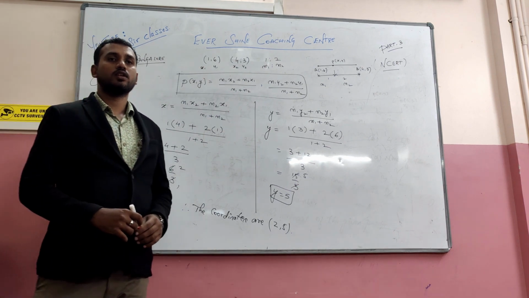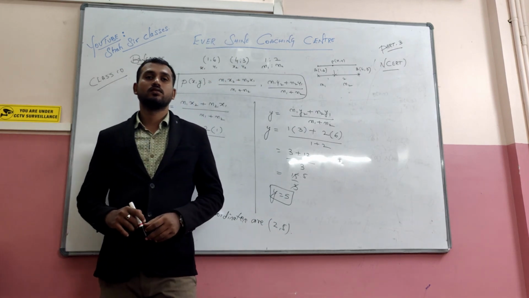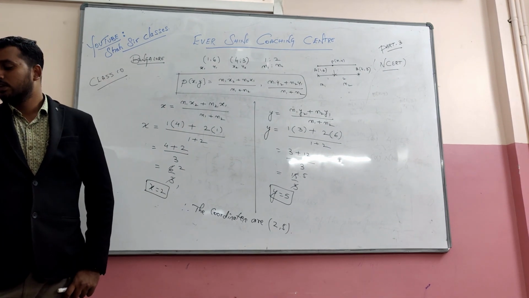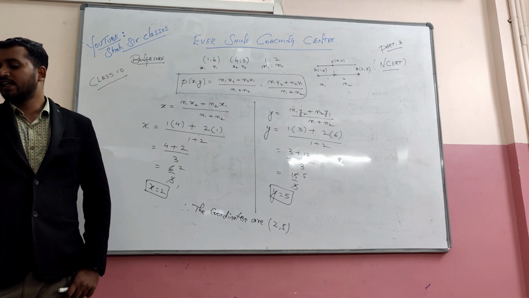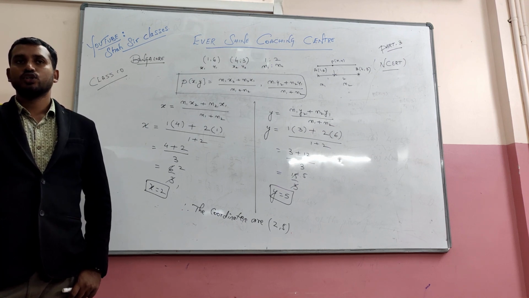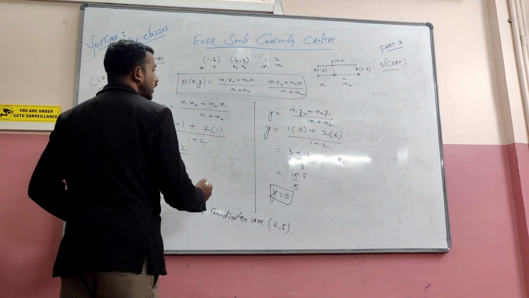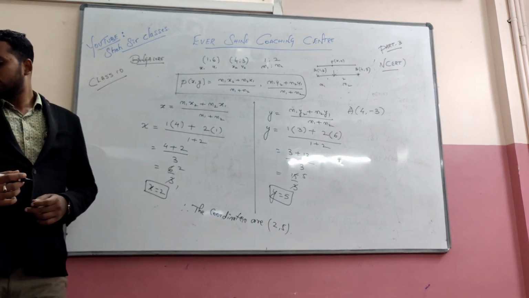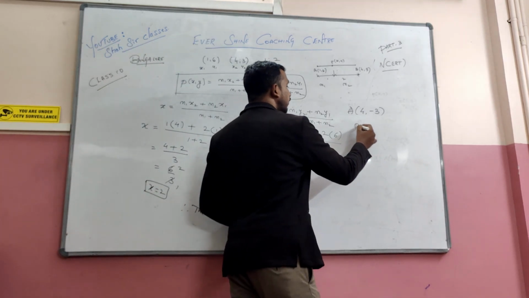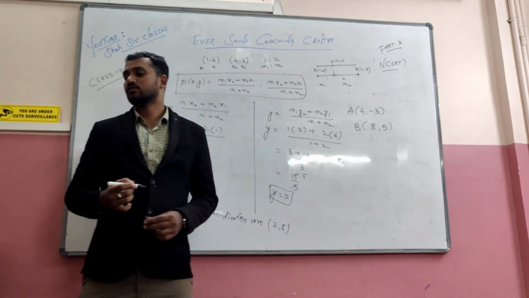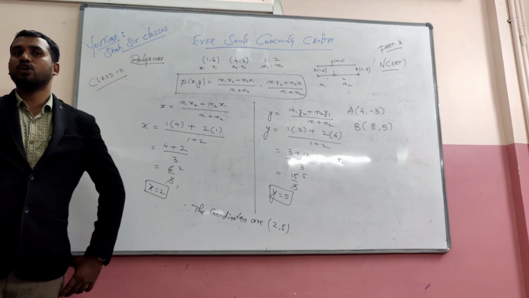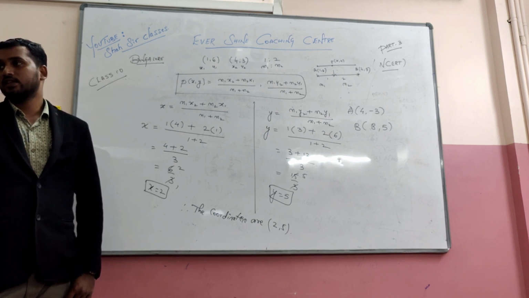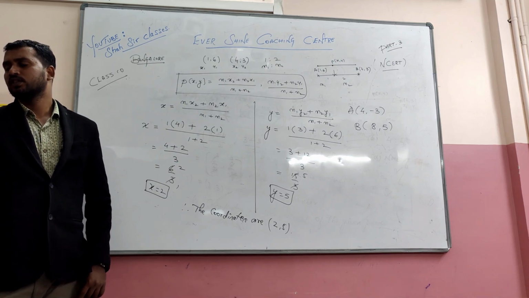Find the coordinates of the point which divides the line segment joining the points A(4, -3) and B(8, 5) in the ratio 3:1 internally.